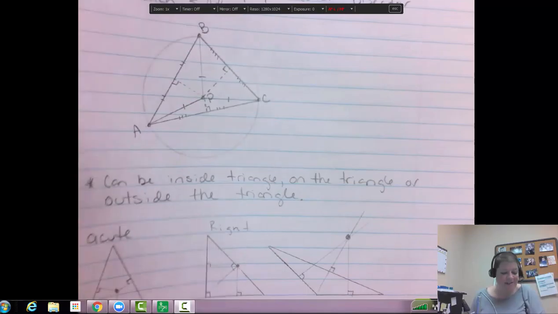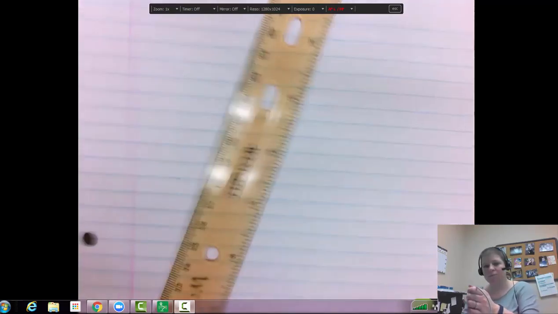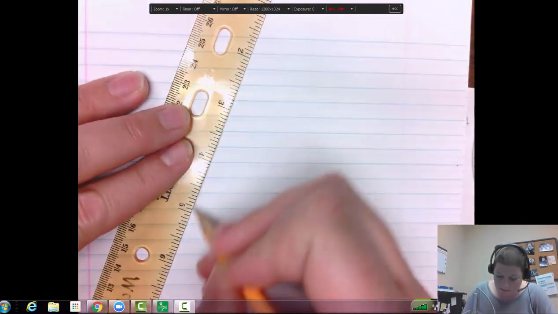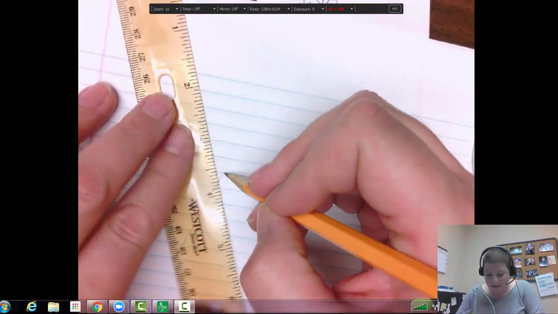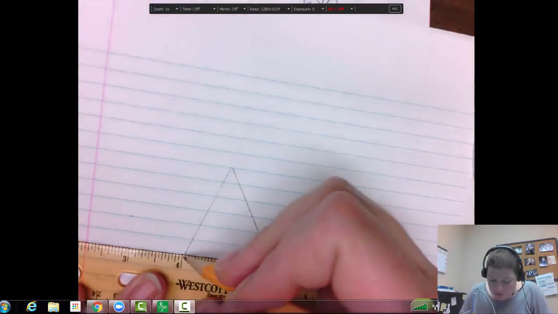Now let's construct a circumcenter just so you remember how it starts, and then we'll go through questions that you would have on it. Okay, so let's start with any triangle. I'll just make it acute, and I'll make it sort of big here just so that we have plenty of room to construct this.